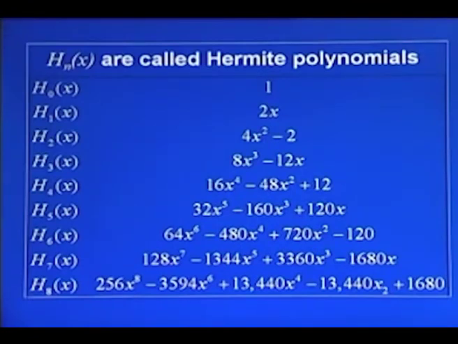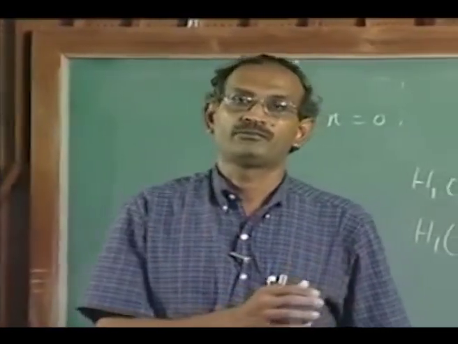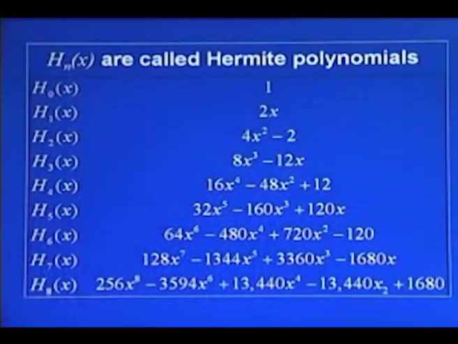You see, the first polynomial h1 of x is 2x, which is a function of x, but when x becomes minus x, the function becomes negative. The next one, h2 of x, is 4x squared minus 2, which for both positive and negative values of x has the same value, 4x squared minus 2.